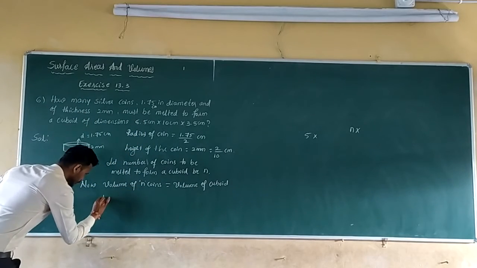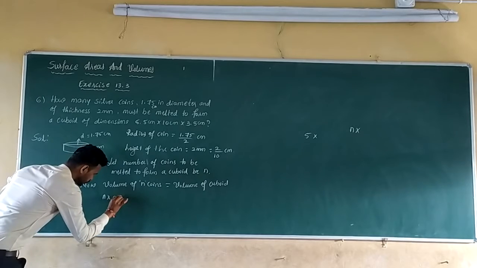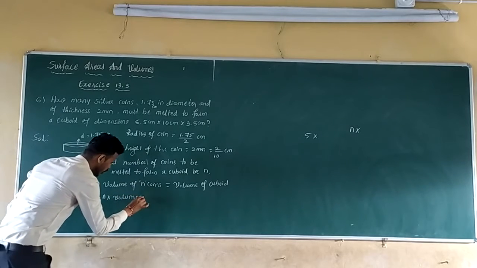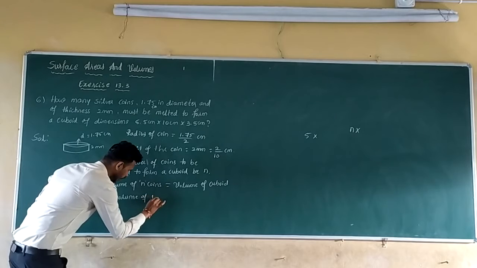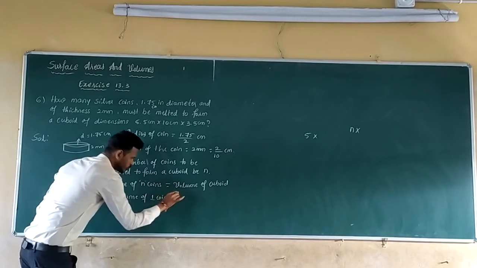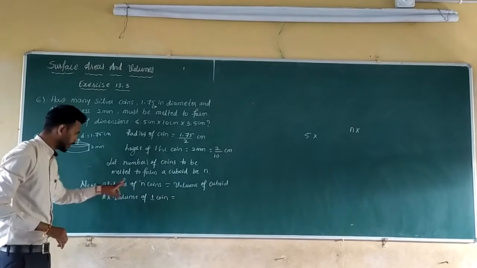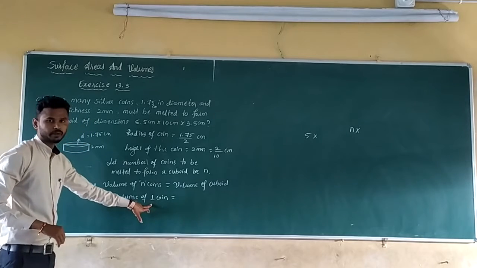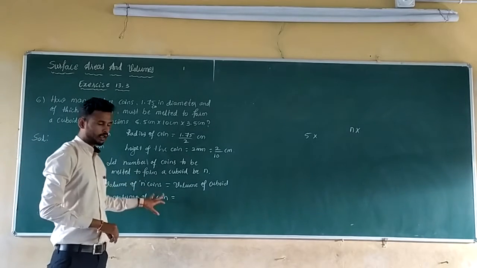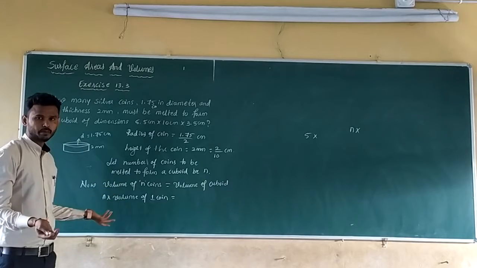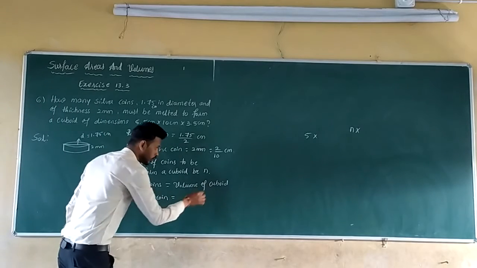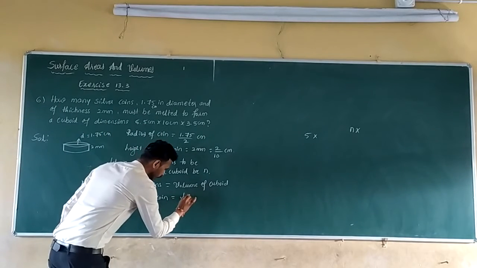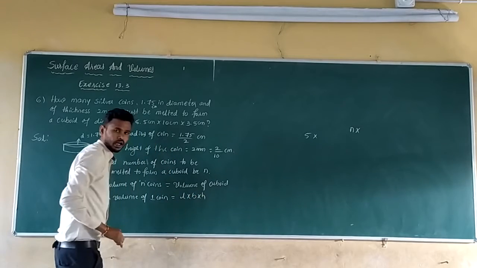That is n into volume of 1 coin. Means find the volume of 1 coin and multiply that by n. You will get the volume of n coins, which is equals to volume of cuboid. What is the formula? Length into breadth into height.